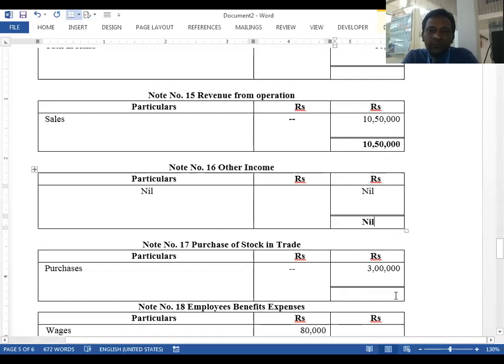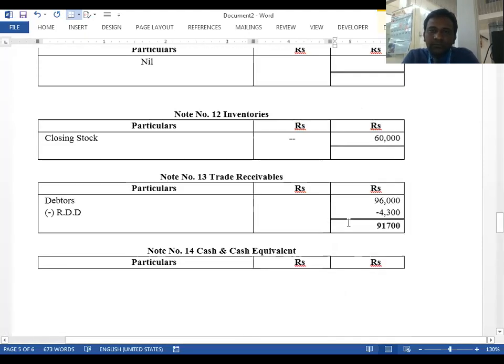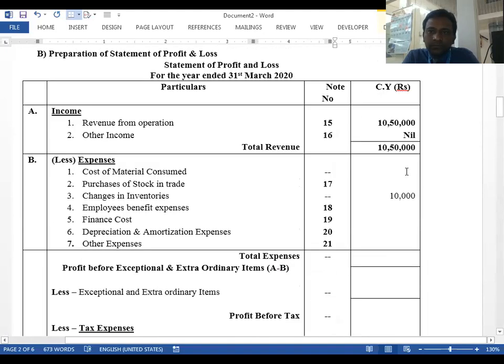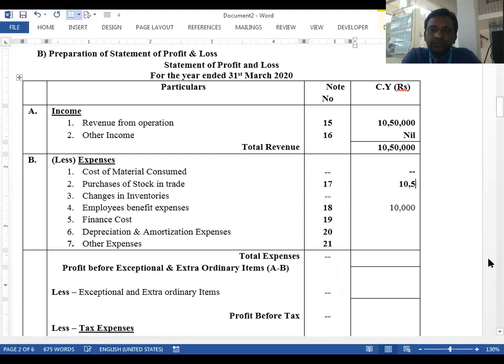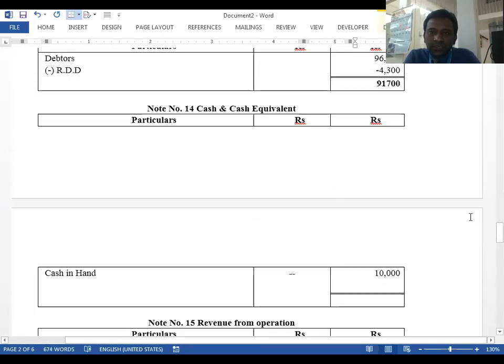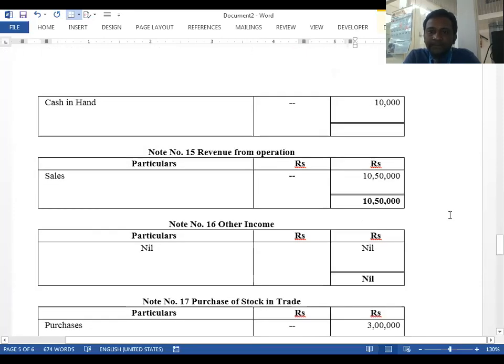Now purchases of stock in trade. What is the amount of purchases of stock in trade? I think 3 lakhs.